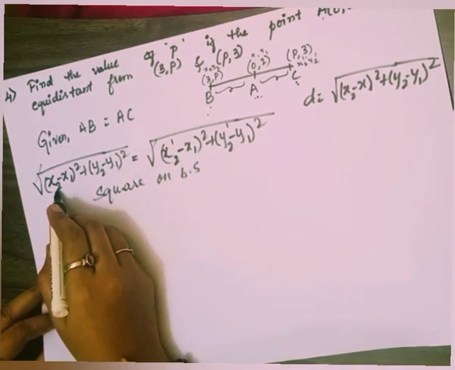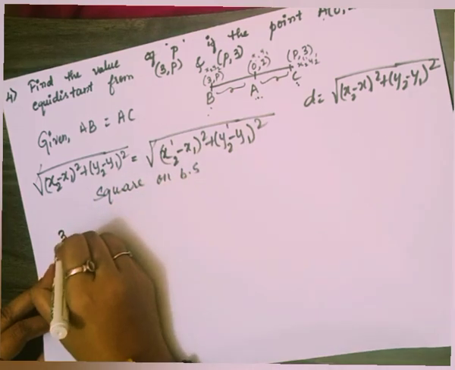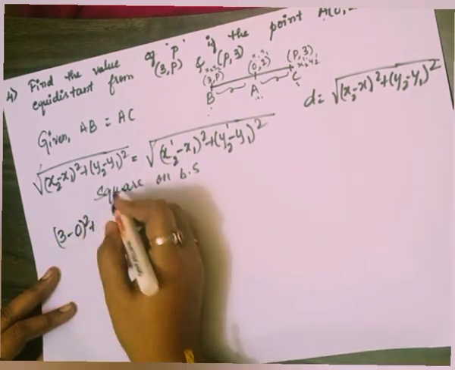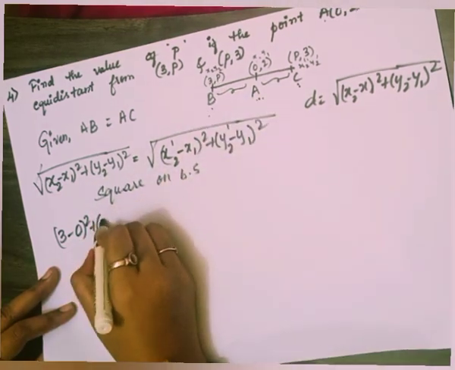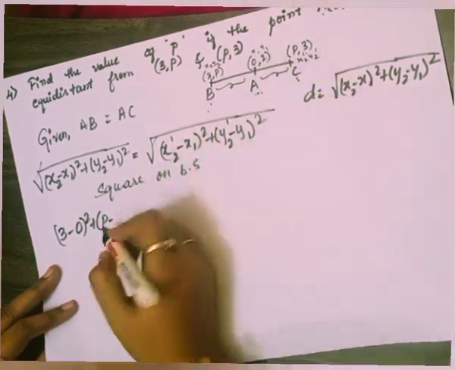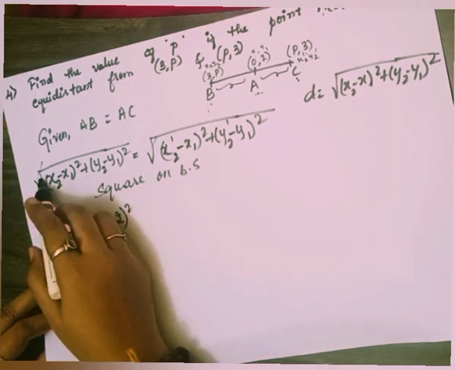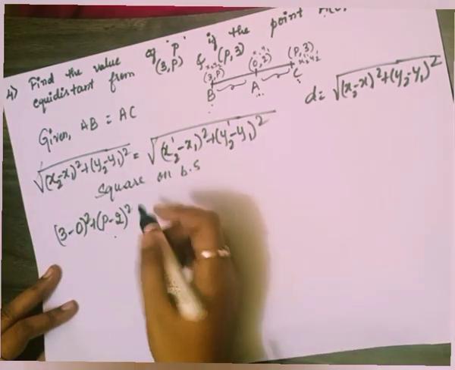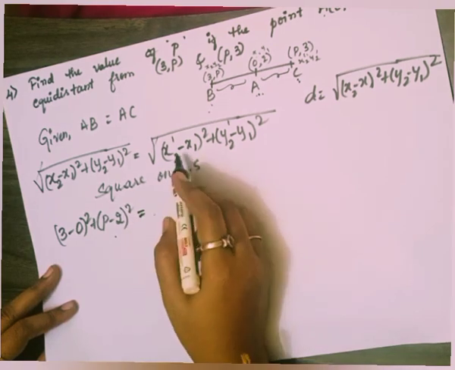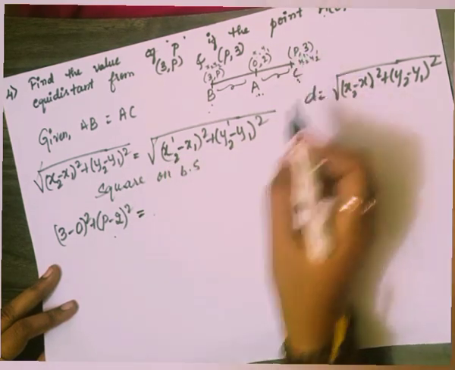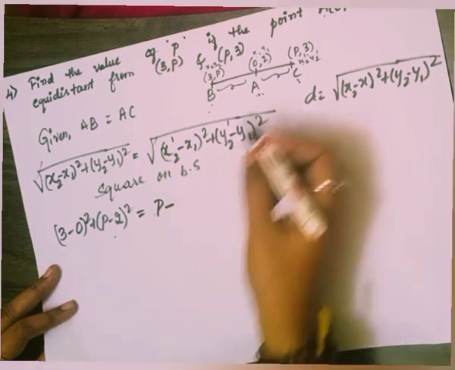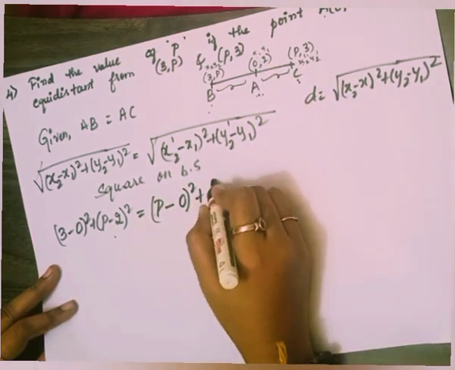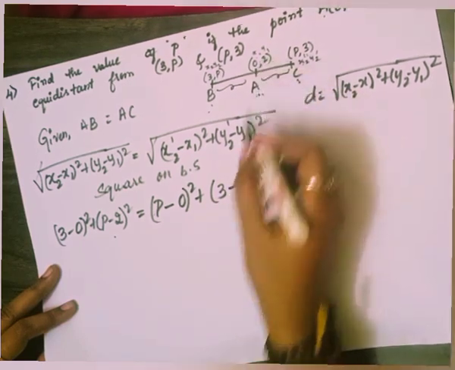So I'll get, what's the x2 value we have? 3 minus x1 value I have 0 whole square plus what is the y2 value? That is p minus y1 value we have 2. Is equals to, what's the x2 dash we have? That is p minus what is the x1 value? 0 whole square plus y2 we have 3 minus y1 is 2.